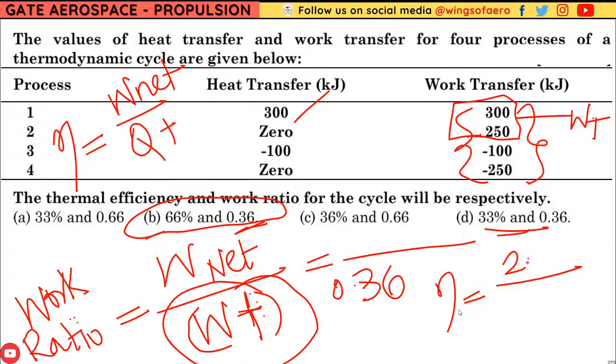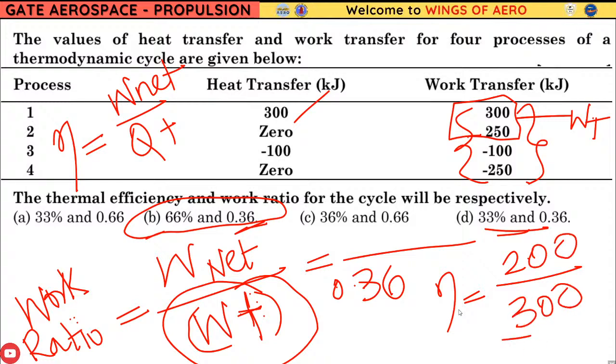Around 200 divided by 300. Am I right? Yes, ma'am. So you will get around 66, isn't it? Okay, you got it? Is my point clear?